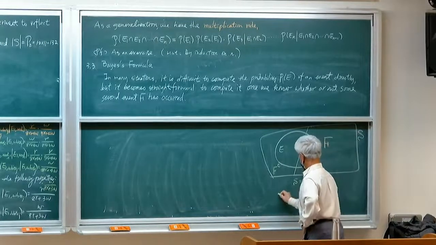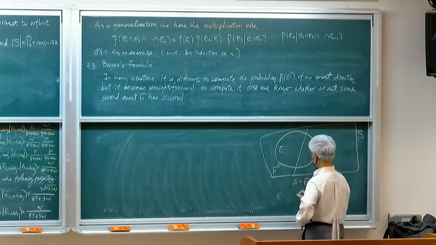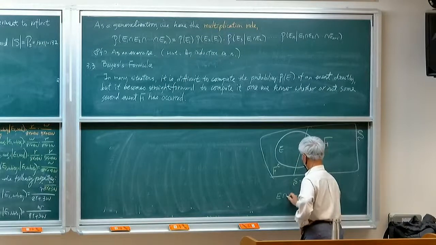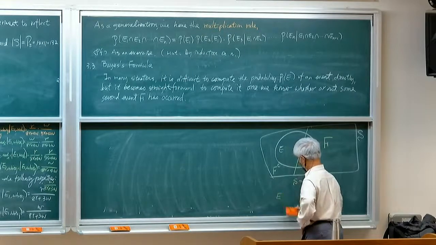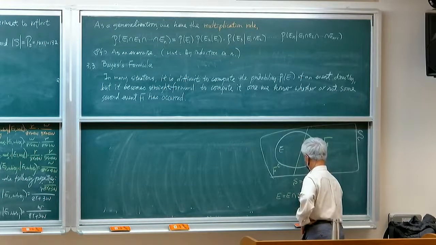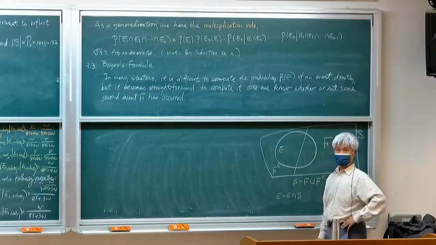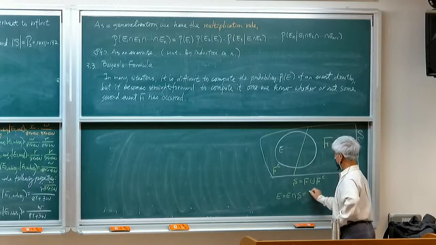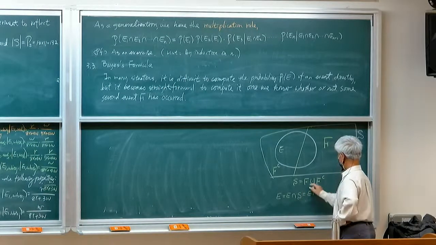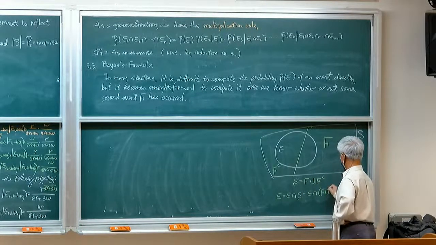And so E can be divided into two parts. E is equal to E intersect S, because S is the total event. Now E intersect this disjoint union.